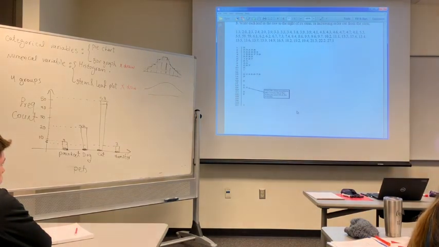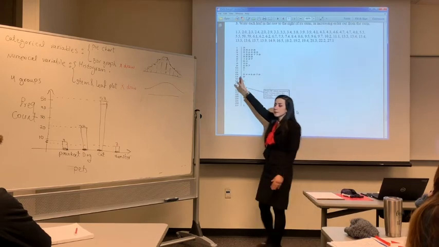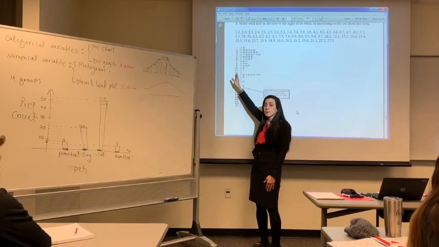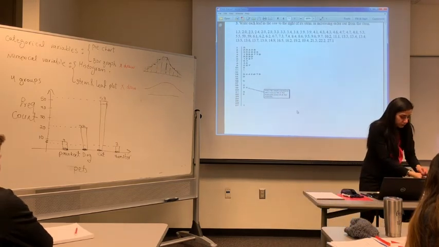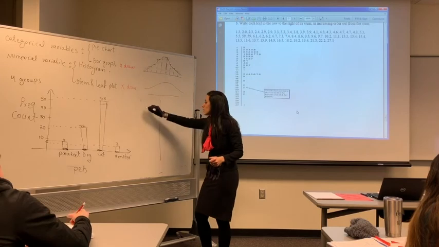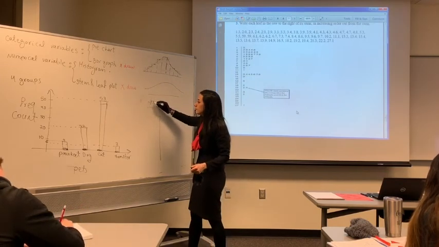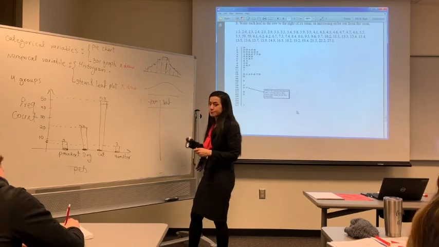So the first thing, organize them. You have two columns. The first column is stem. The second column is leaf. First column, stem. Second column, leaves.